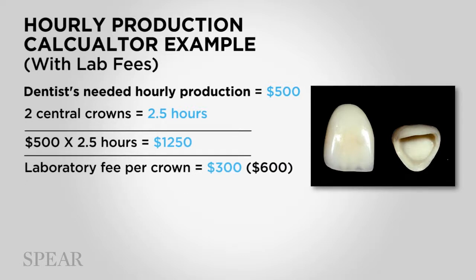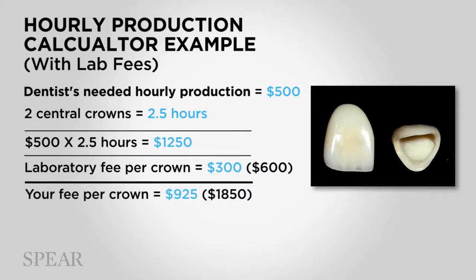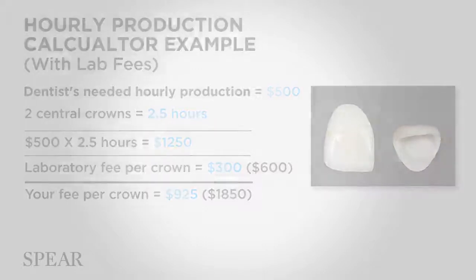So now the lab fee is $600, let's say, for those 2 centrals. And suddenly for those 2 centrals, you actually need $925 a crown instead of the $700 you needed on the posterior teeth. And that's why, to me, it's important, and that's why I preferred using an hourly rate and then figuring out lab fees and anterior teeth per posterior teeth.